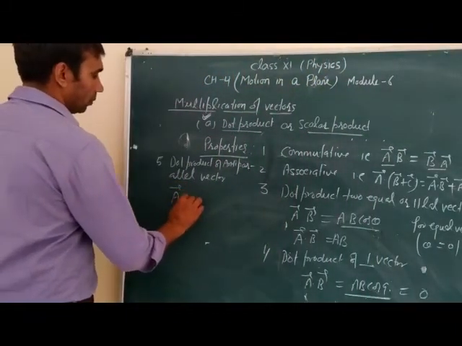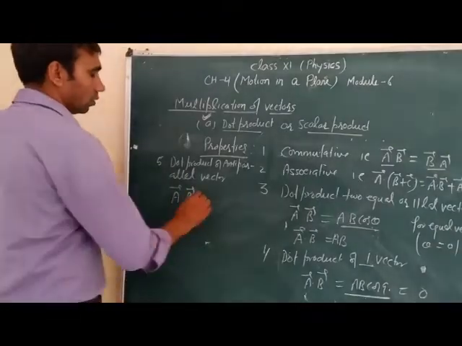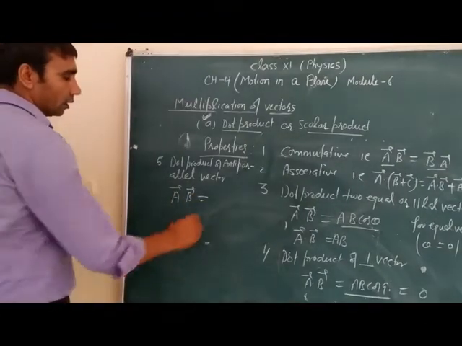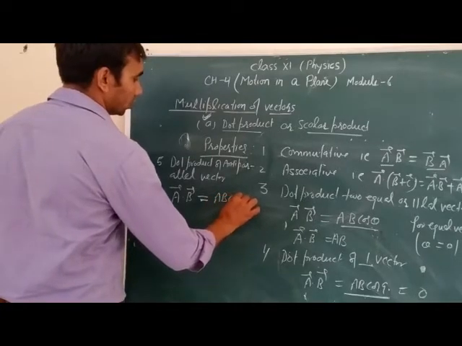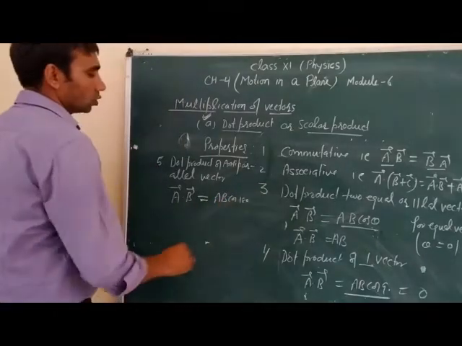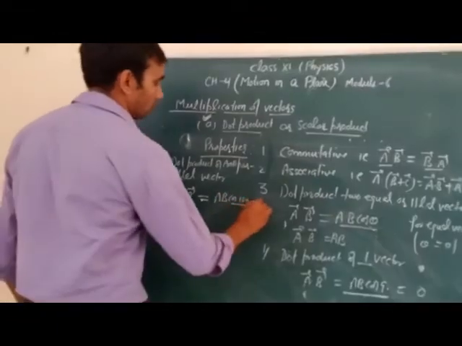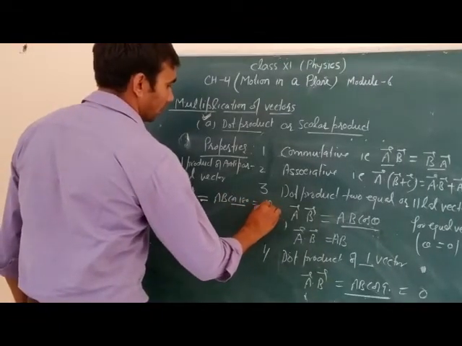Therefore, A dot B is equal to AB cos 180 degrees. Cos 180 is minus 1, so it is equal to minus AB.